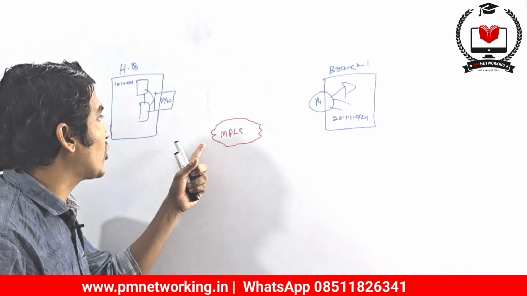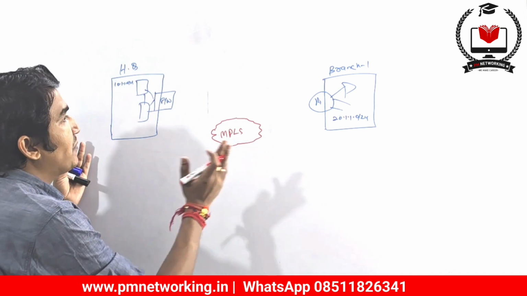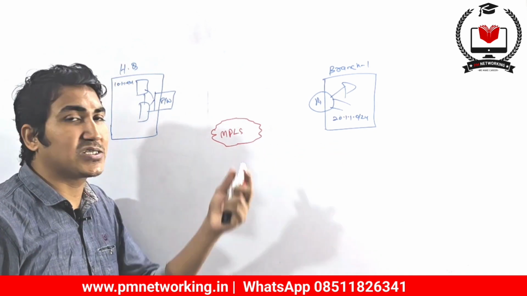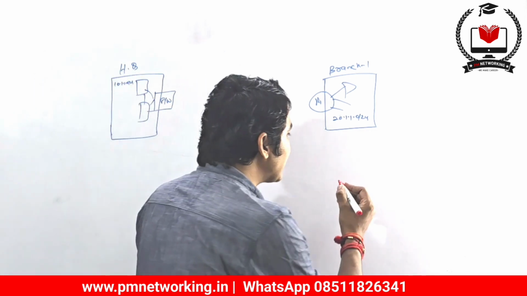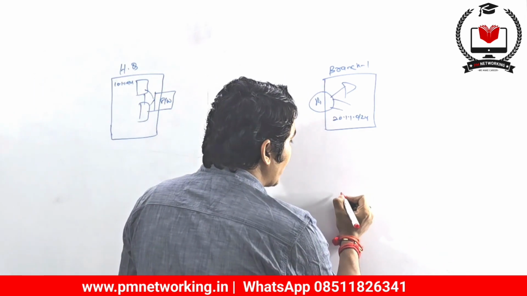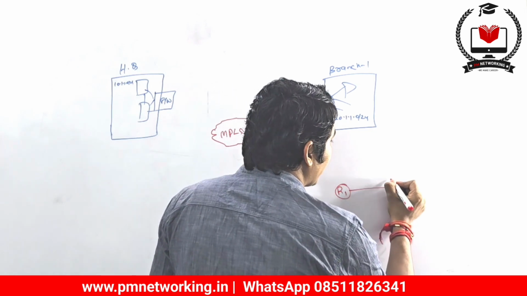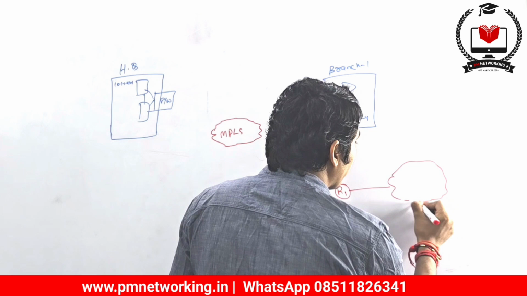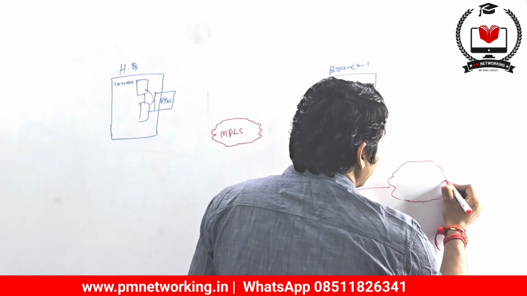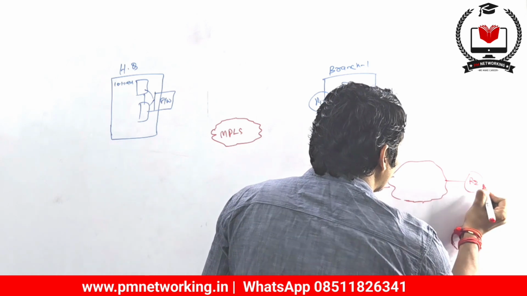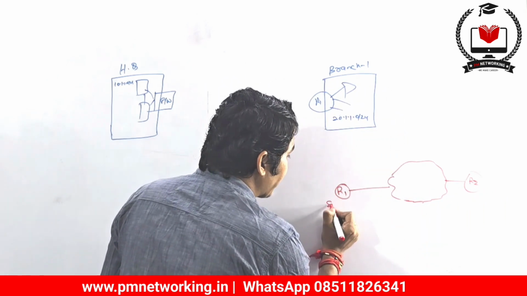Guys, before talking about this diagram, let me discuss some basic points about MPLS. Suppose I have two sites. R1, router 1, is connected with a service provider here, and then this service provider is connected with another router, R2. Let's say this is site 1 and this is site 2, at different locations.